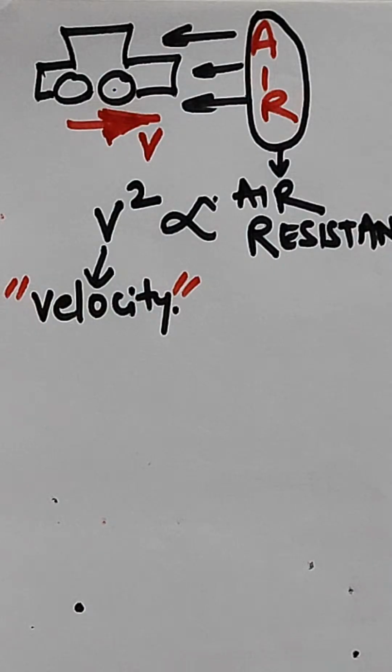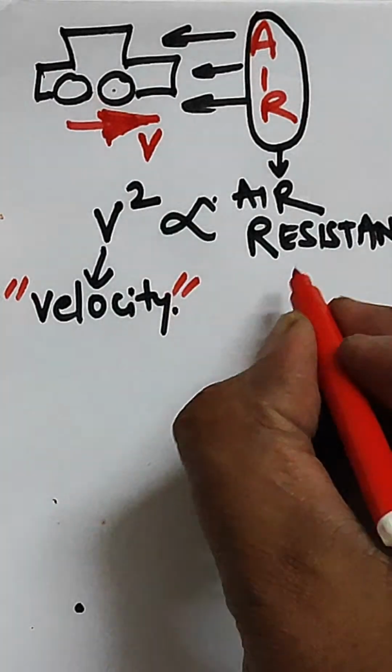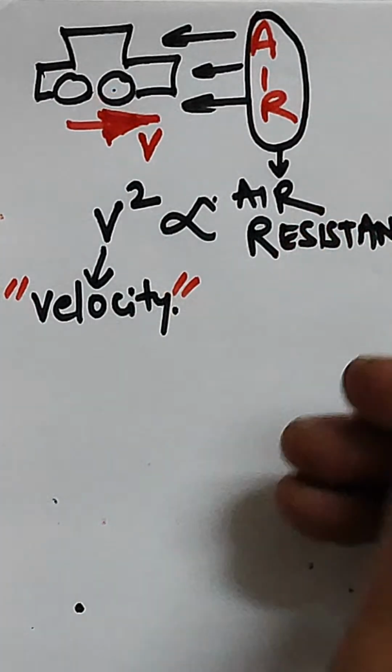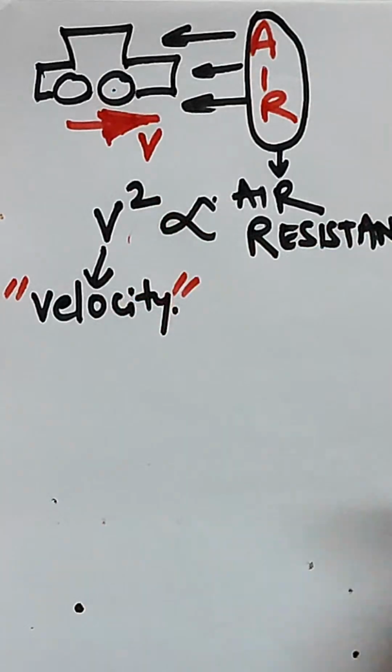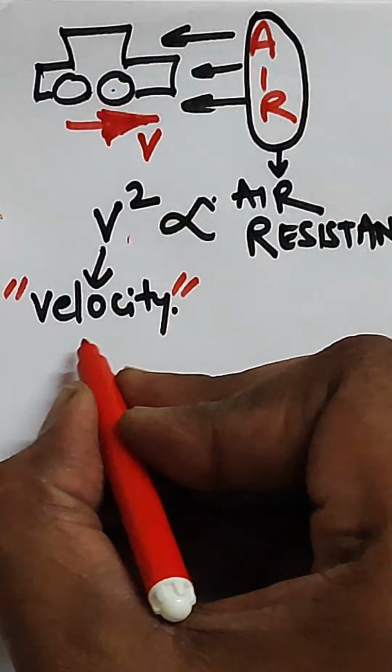Now the ratio of the power required at 40 km per hour to that required at 80 km per hour is what? So if the values of two velocities are given to you, then we need to find the ratio of the power.